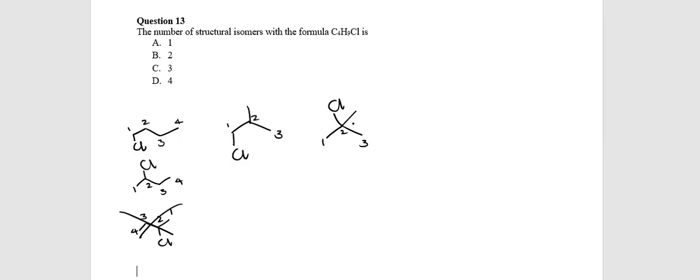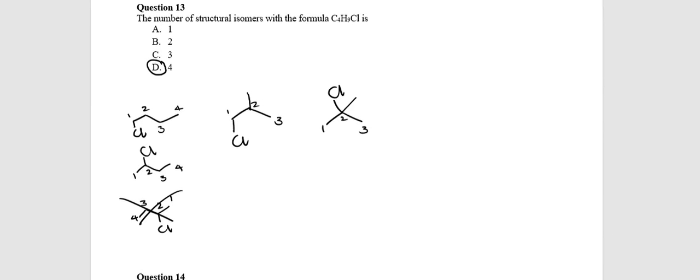But I don't think there is any other possibility, because if you move the chlorine here, it's going to be identical to this one. So you have a total of 4 different structural isomers for this molecular formula. But naturally, oh yes, this one has what is called stereoisomers. You don't learn that yet.